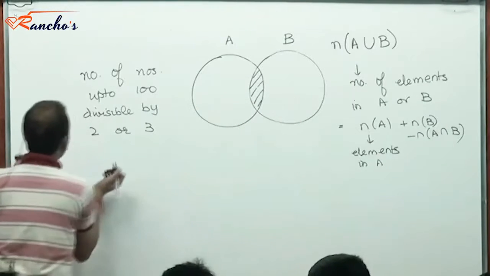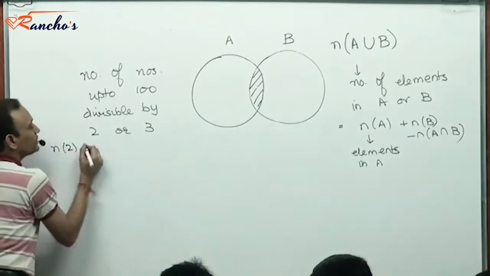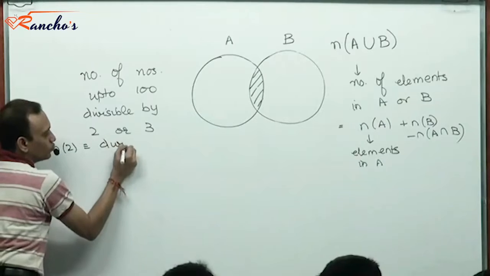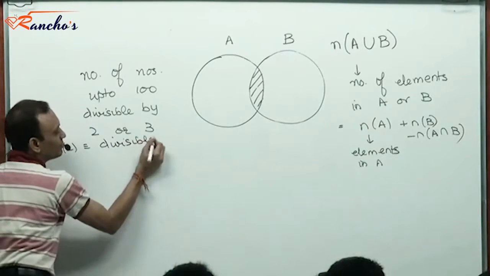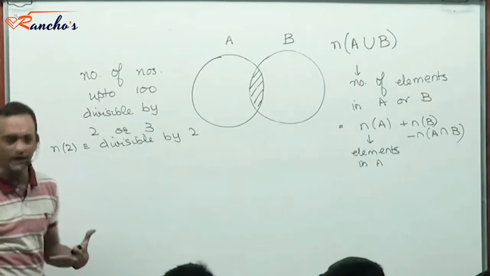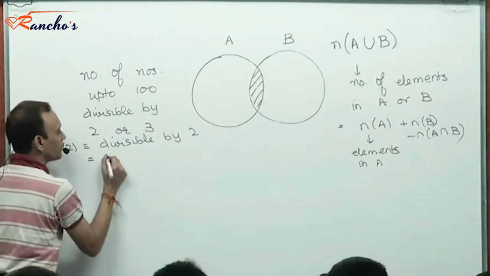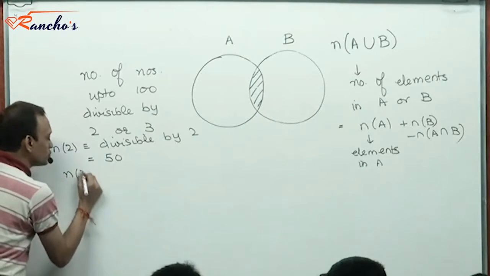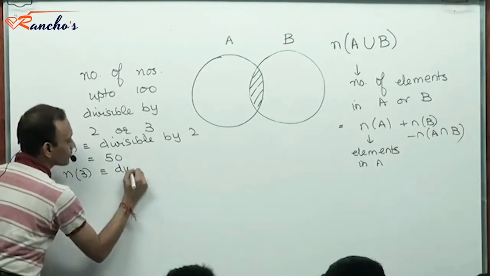Okay, so you designate the following symbols. N2, the number of numbers divisible by 2. There are obviously 50 numbers up to 100 that are divisible by 2. Now the number of numbers up to 100 that are divisible by 3.